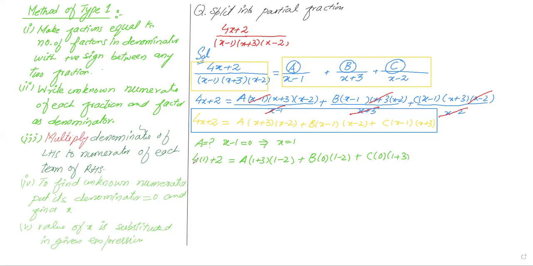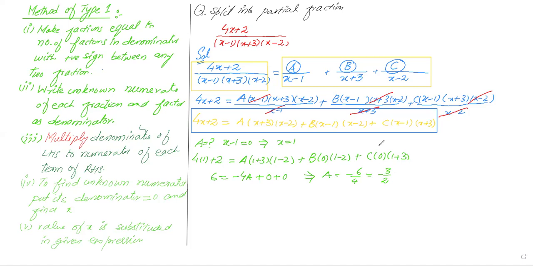After simplification, 4 plus 2 becomes 6, which is equal to minus 4A, and all other terms become 0. So over here, I will get the answer of A is minus 6 by 4. Ultimately, I will get minus 3 by 2. That's the answer of A.